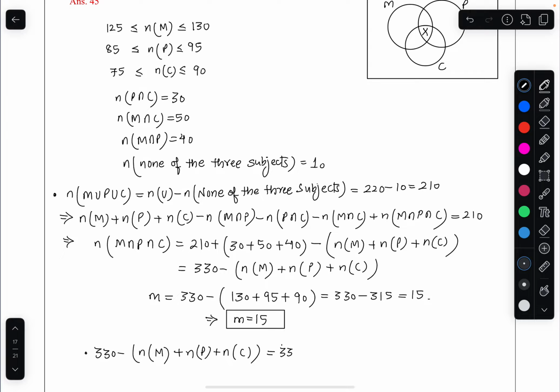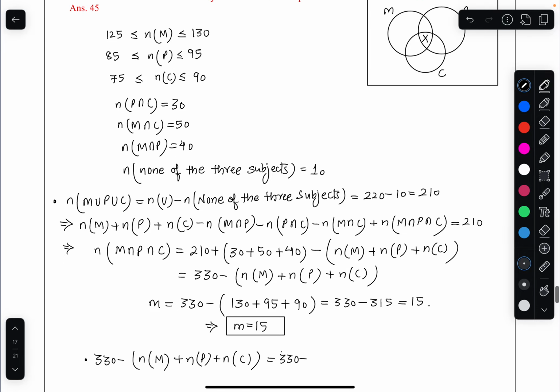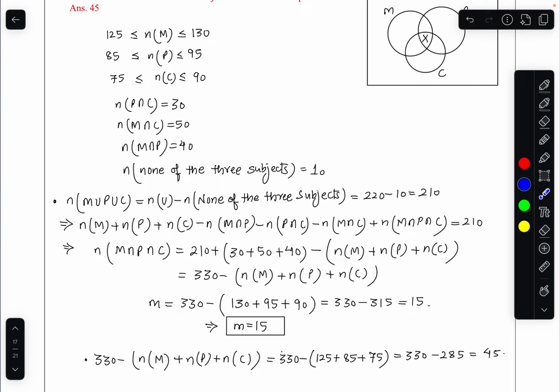That would be 330 minus (125 plus 85 plus 75), which gives me 330 minus 285, which is 45. So I would be inclined to think now that the maximum possible value that the number of elements in M intersection P intersection C can take is 45.